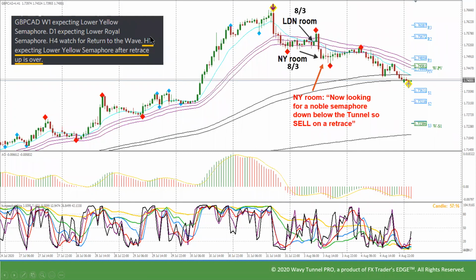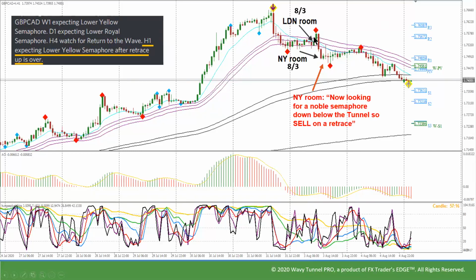He posts this in our Discord channel: H1 expecting lower yellow semaphore after retrace up is over. If you join our program, you will learn all about how Neil uses the semaphores and the bungees, what he calls part of his crystal ball, to identify where the market is going. If you hear him speak, you'll see what I mean.